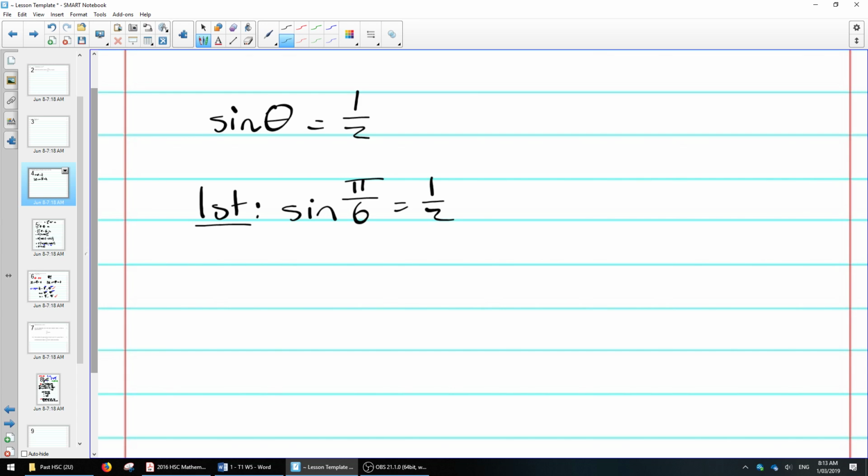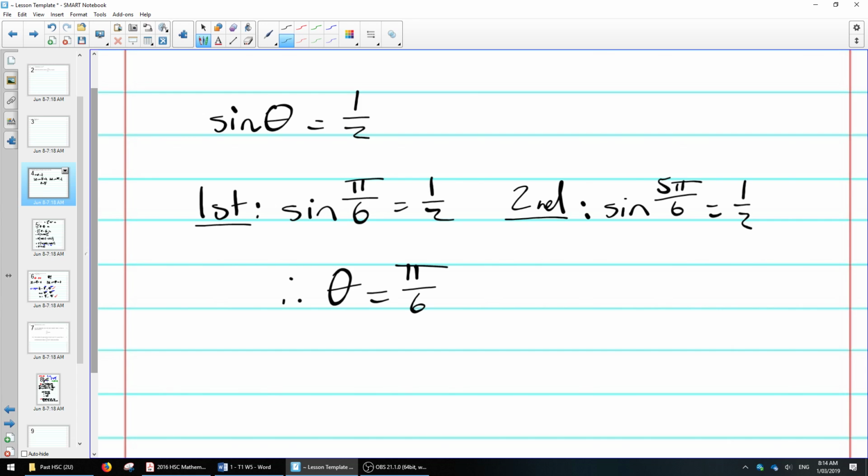And second quadrant, so going from that, 180 minus 30 is 150. So 150 in radians is 5 pi over 6. So therefore, we have theta equals pi over 6, 5 pi over 6.